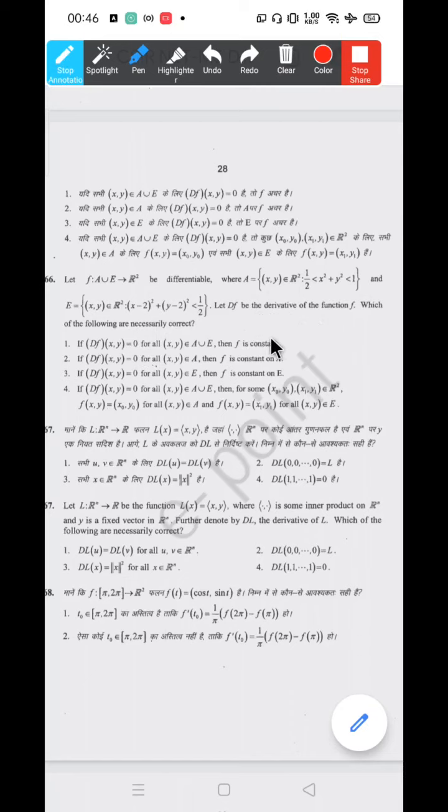Which of the following is necessarily true? Derivative of f for all x, y belonging to this, then f is constant. See, the question is that the domain must be complete. So that interval must be actually complete.